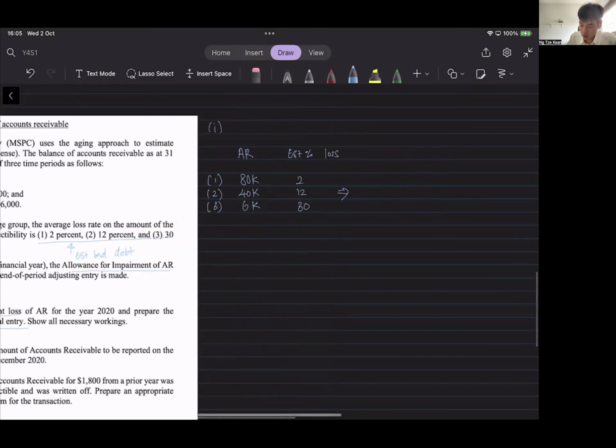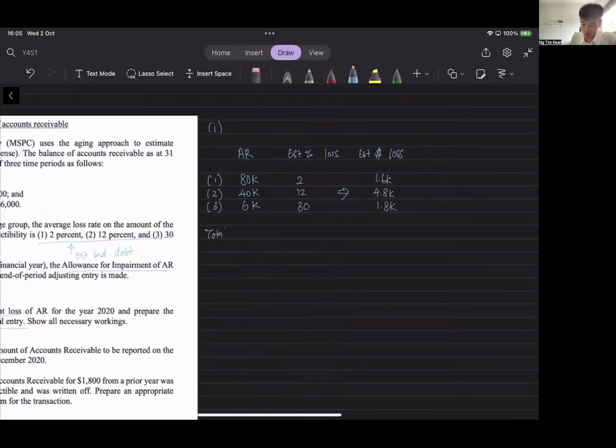So our estimated dollar value loss would be just the multiplication of 80K with 2%, right? And you should get these values here.